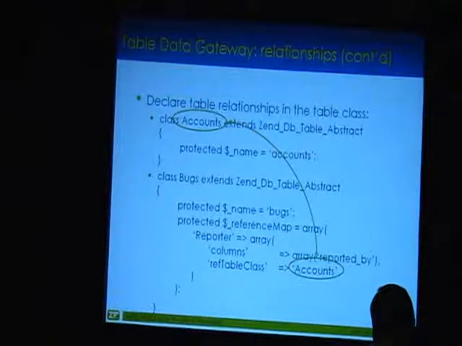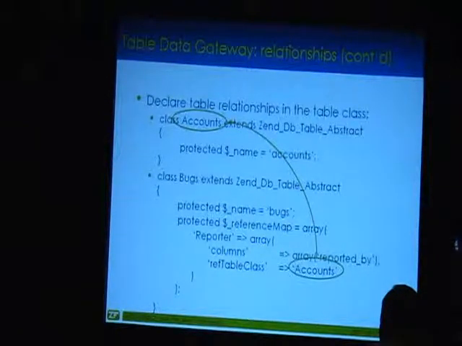If I'm going the other way, I have a row from the bugs table. I have the reference map, and it references the accounts class. So I go to the accounts class and look it up based on that table map. That's just a description of what it's doing behind the scenes. You don't have to worry about that. You just use those find methods that I showed.